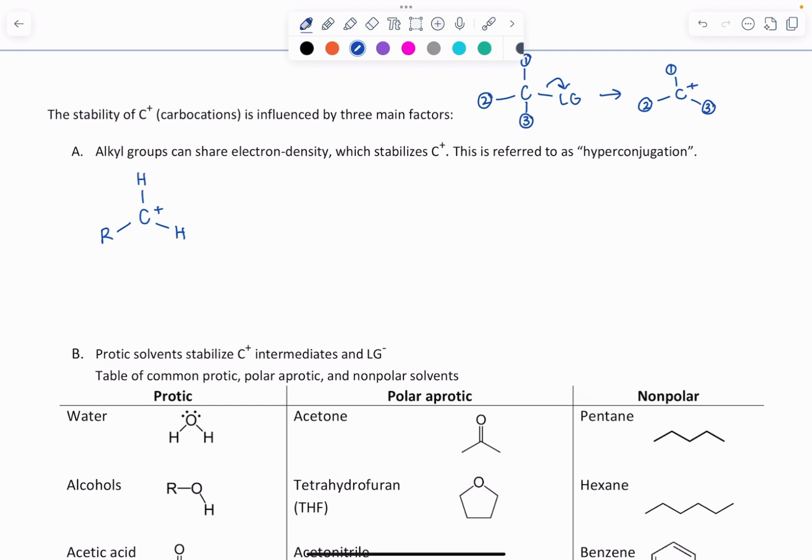This would actually most likely go through SN2 reaction, not even SN1. Because it is very unstable, we'll say least stable of what we're looking at. So it's very unlikely to form because it is very unstable.